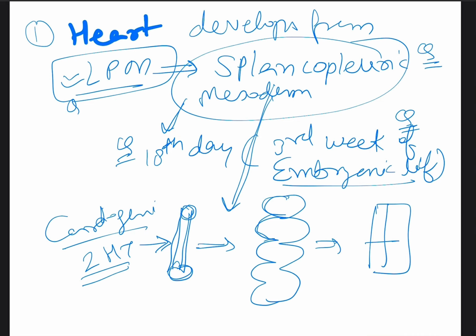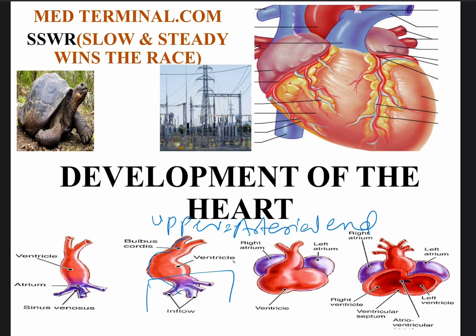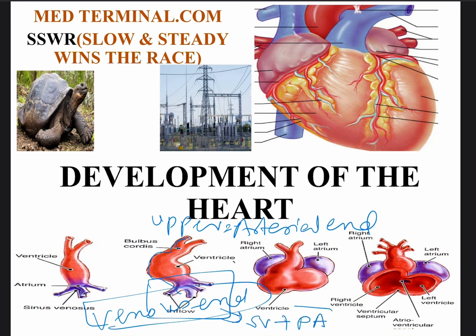These serial dilatations and constrictions are shown in the first diagram. If you see it carefully, the upper end is red, which is the arterial end, while the lower end is the venous end. This venous end represents sinus venosus plus primitive atrium.